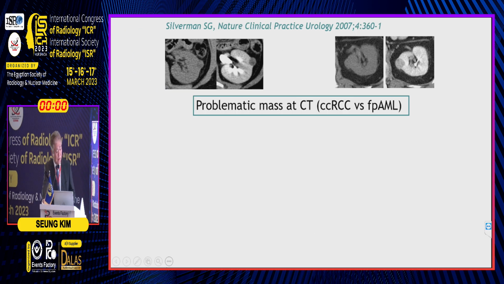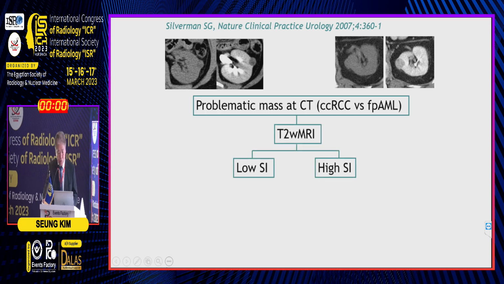So this is the algorithm we can use. If there is a problem in differentiating between renal cell carcinoma and fat-poor angiomyolipoma, we do MRI and look at the T2-weighted signal.